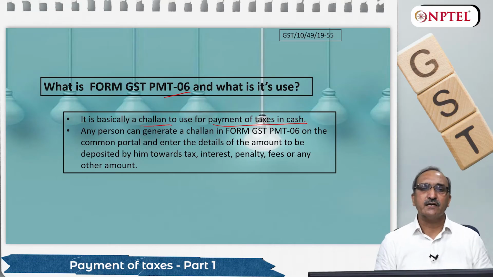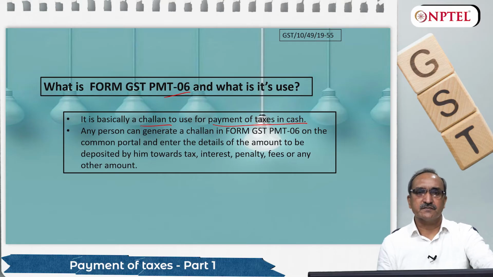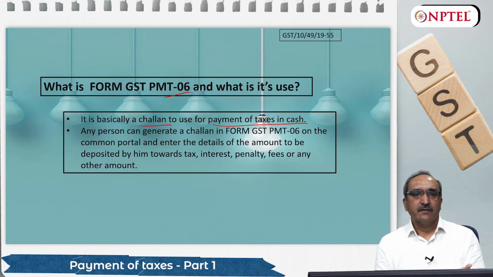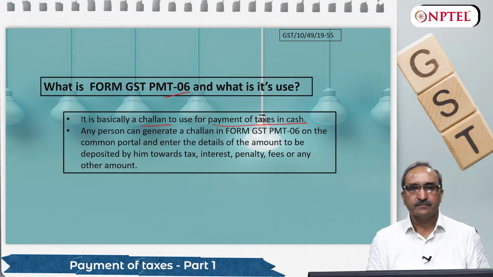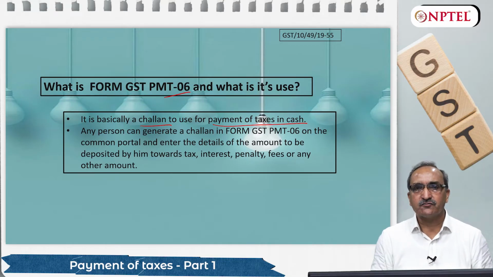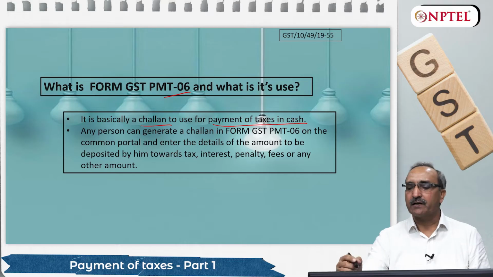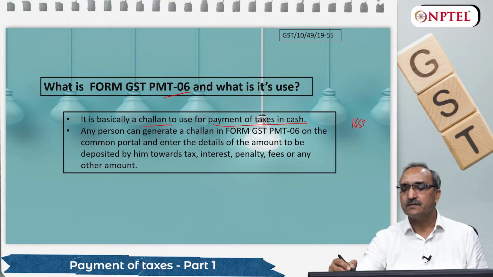So friends, whenever we are supposed to deposit cash, we need some document, because the bank, based upon that challan, will accept our money. So whenever we are going to deposit cash with the bank at the GST portal, we will raise a challan through the GST portal only. We'll mention there the amount we want to deposit separately for IGST, CGST and SGST or UTGST.